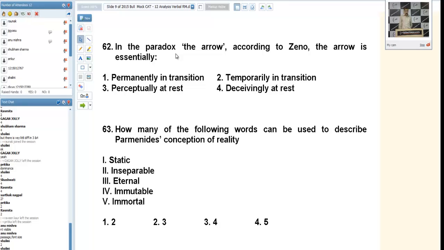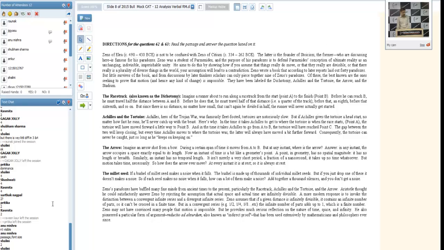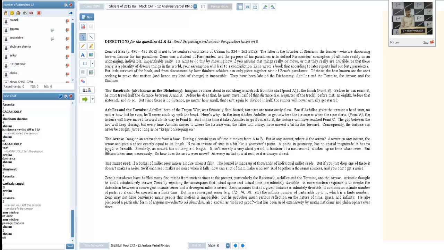The third question, 63rd. How many of the following words can be used to describe Parmenides' conception of reality? Let's go back to the passage. Where is the line on Parmenides' perception of reality? In the third line. Parmenides' conception of ultimate reality is unchanging, meaning not changing, indivisible, that cannot be divided, imperishable, that cannot be destroyed, and a unity.